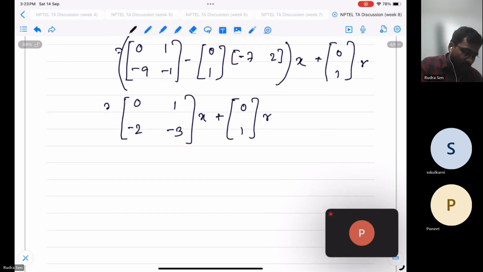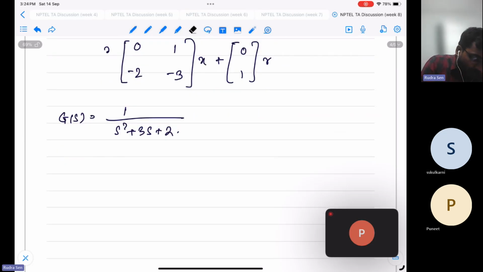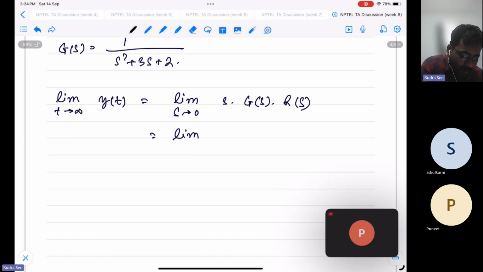Now if we convert it into a transfer function, the transfer function would be 1 over s square plus 3s plus 2, right? In that case, if we apply the final value theorem, that is the limit as t tends to infinity of y(t), which is the limit as s tends to 0 of s G(s) R(s), which is s times 1 over s square plus 3s plus 2 times 1 by s.